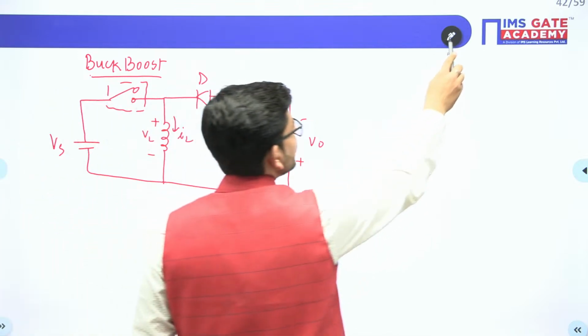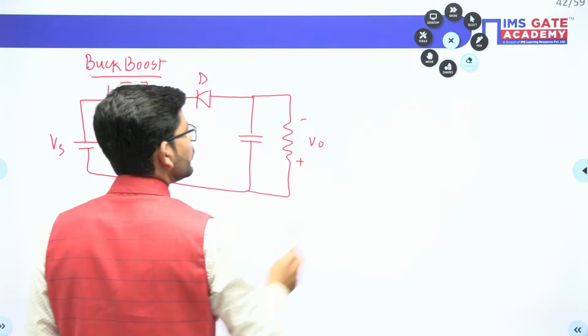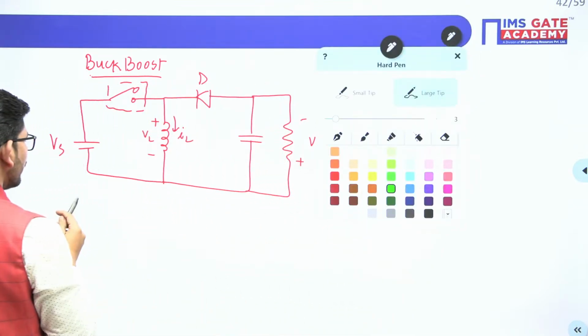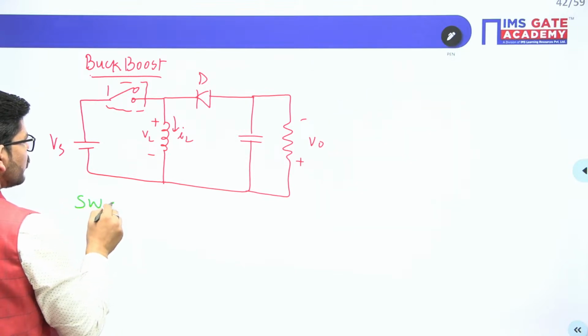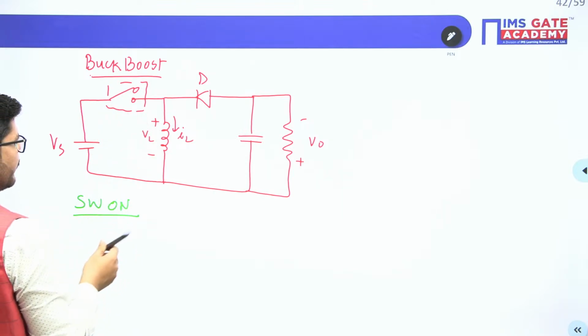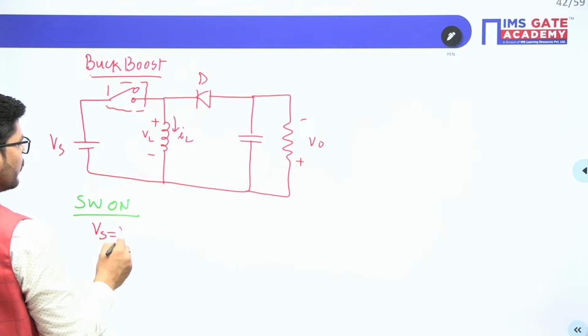Now see from here, guys, suppose the switch is on. At that time, when you apply KVL, what will be the VL voltage? When the switch is on, Vs is equal to VL.